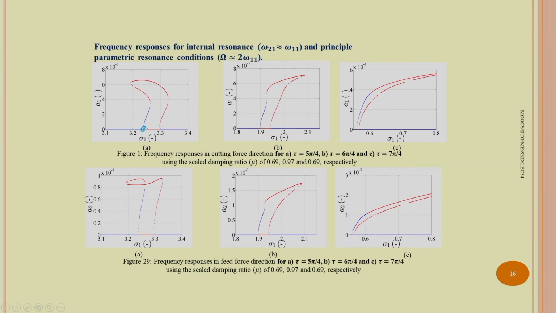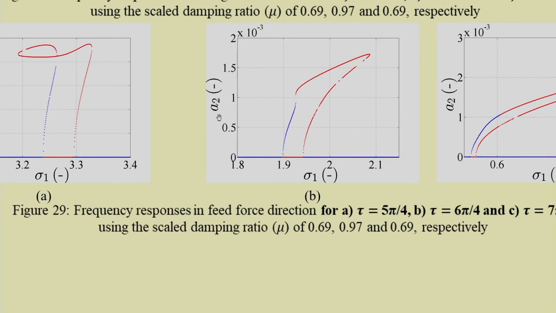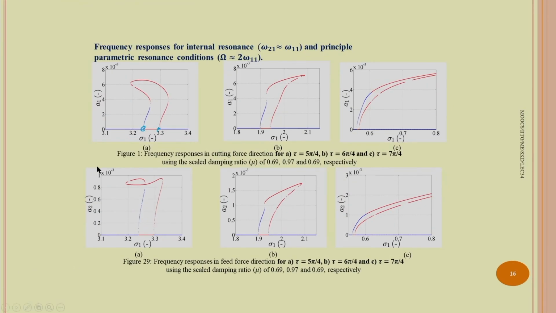If one plots the frequency response plot, one can see that this point corresponds to the supercritical pitchfork bifurcation point and this corresponds to the subcritical pitchfork bifurcation point. After the supercritical pitchfork bifurcation point, with increase in sigma, that is with increase in the rotational speed, it will vibrate and this response can be obtained.